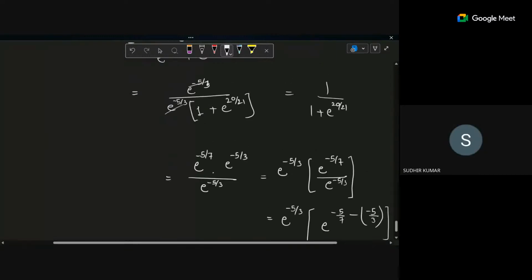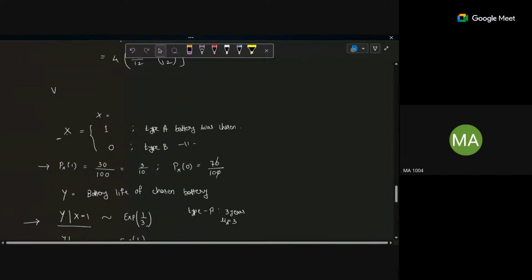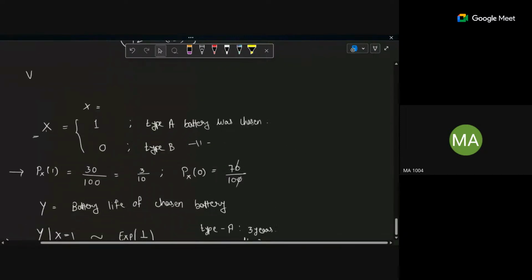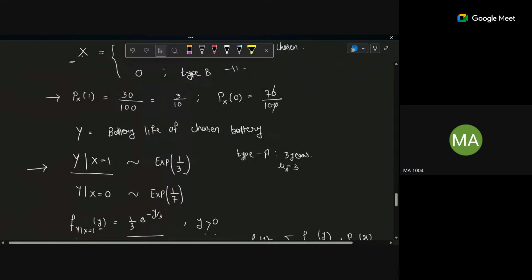So, to recall the question: in a store there were 30 batteries of type A and 70 batteries of type B, and their lifespan was given. For battery of type A, the lifespan was 3 years, and for battery of type B, the lifespan was 7 years.